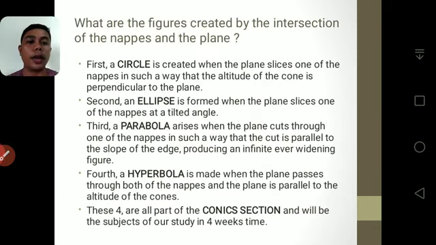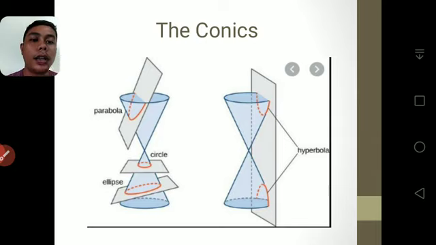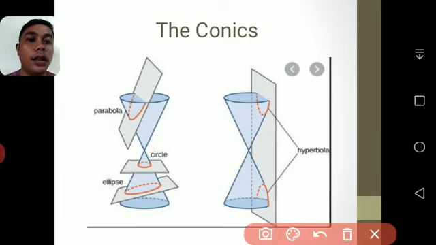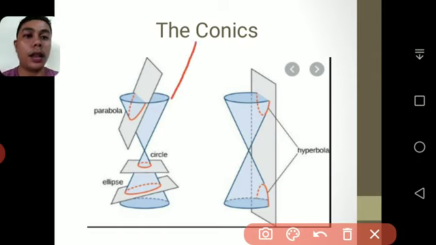Third, the parabola. The parabola arises when the plane cuts through one of the naps in such a way that the cut is parallel to the slope of the edge, producing an infinite ever-widening figure. I forgot to tell you guys that the naps is actually a pair of two cones that are extending infinitely in opposite directions.